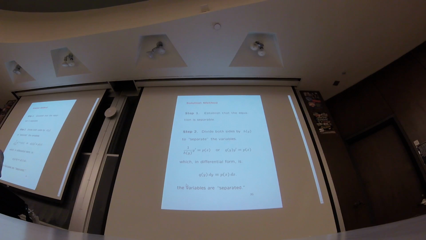Okay. Solution method. Establish that it's separable: function of x times function of y. We have y prime is p of x times h of y. Divide both sides by h of y to separate the variables, and then integrate.